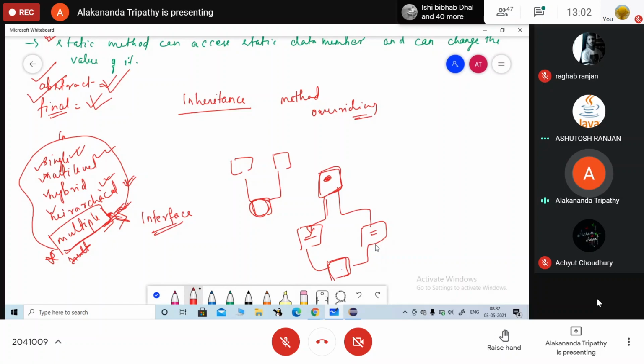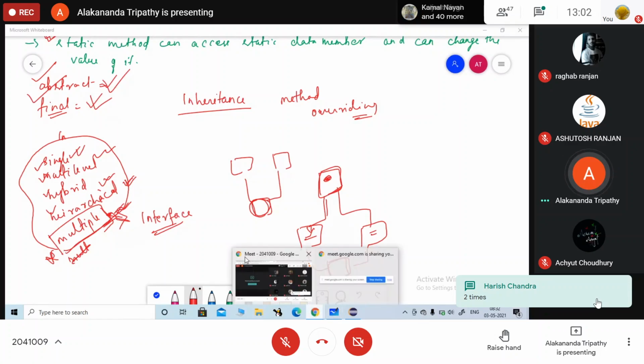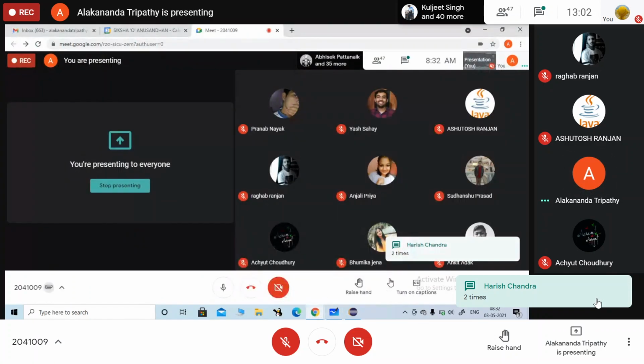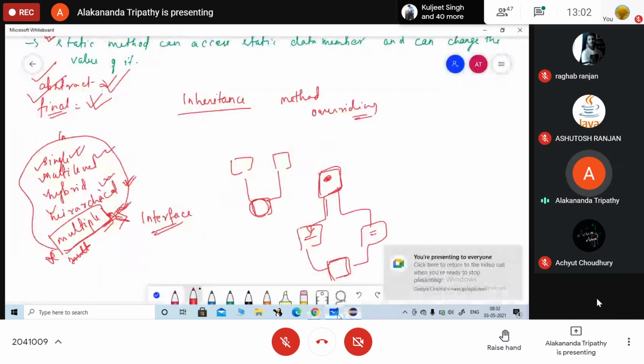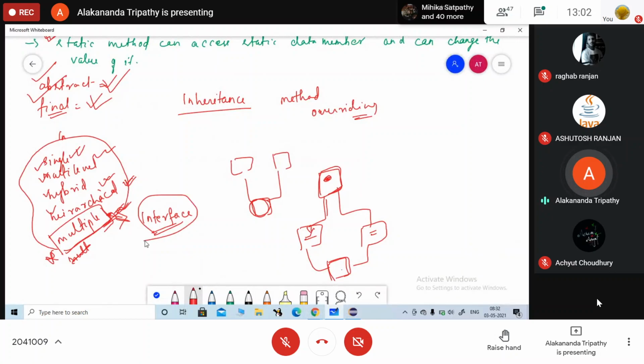How many number of times a property of this class is coming to the last class? 2 times. So this is known as your ambiguity, and in order to avoid this ambiguity we are using the concept of interface.